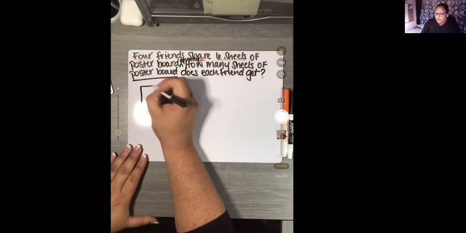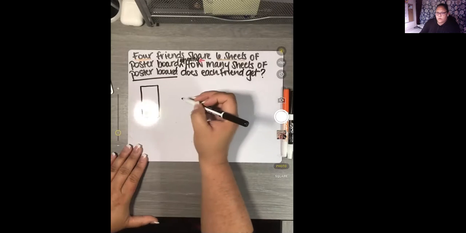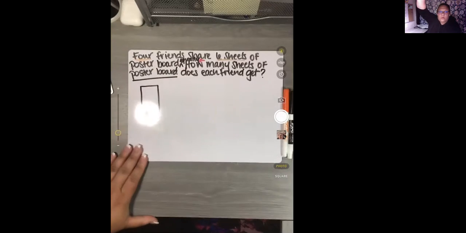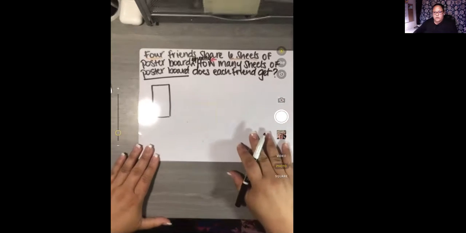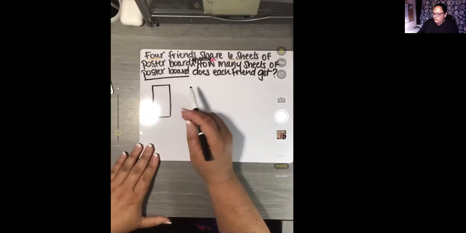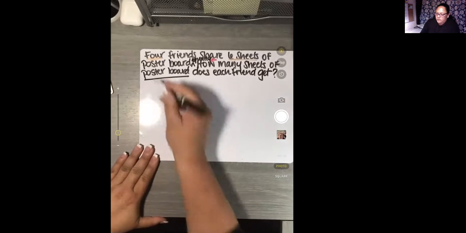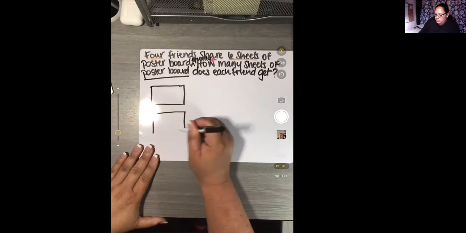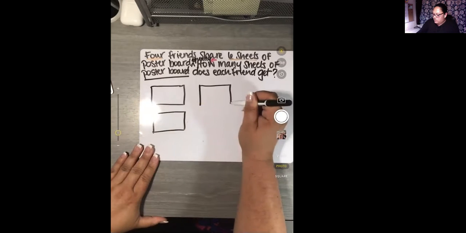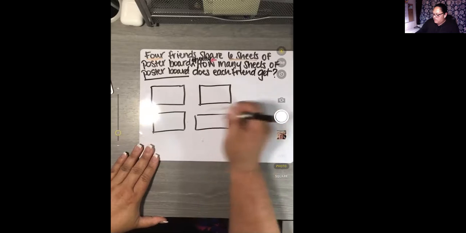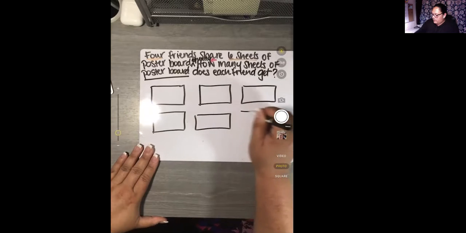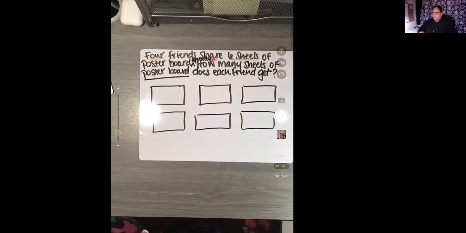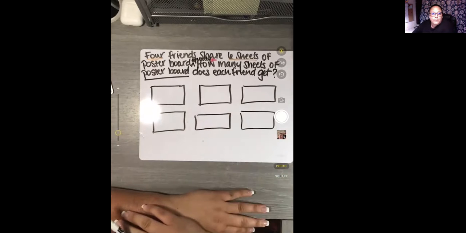So I'm going to draw 6 pieces of poster board. 1, 2, 3, 4, 5, 6. I have 6 sheets.